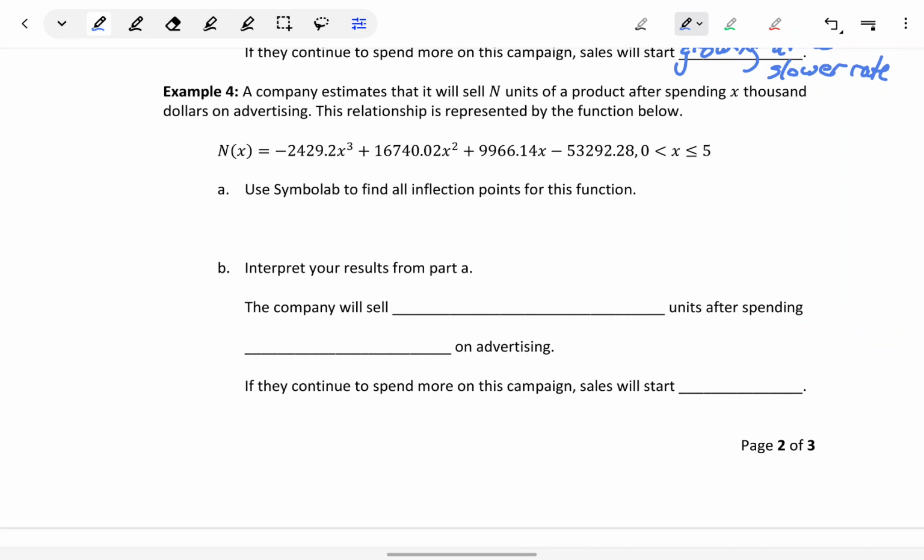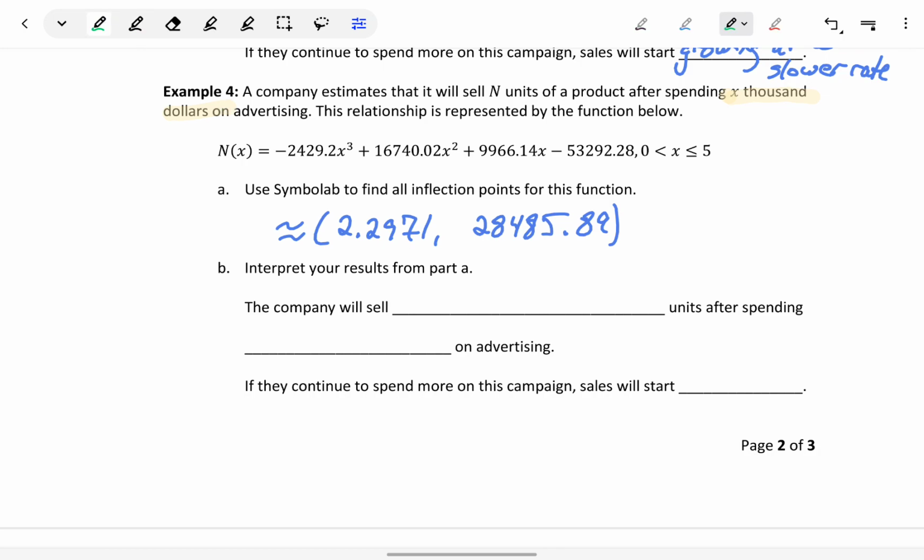In example 4, we could repeat this same process. We would end up getting an approximate inflection point of 2.2971, comma 28,485.89. We're told that this function represents n units of a product after spending X $1,000 on advertising.